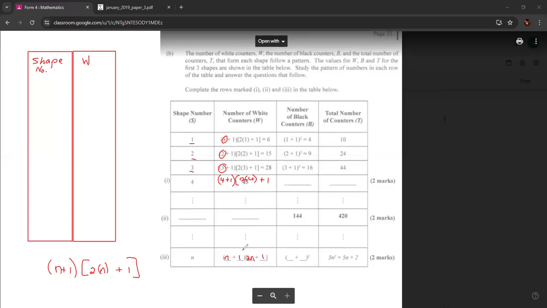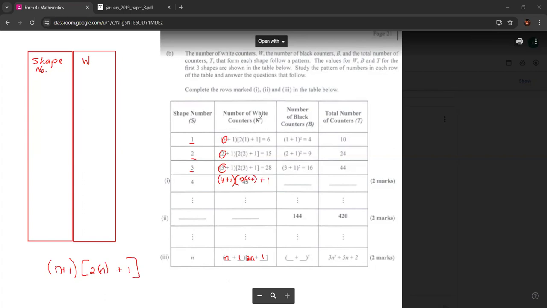So this will be the formula for the number of white counters. All right, so we figured out our formula to find the number of white counters.